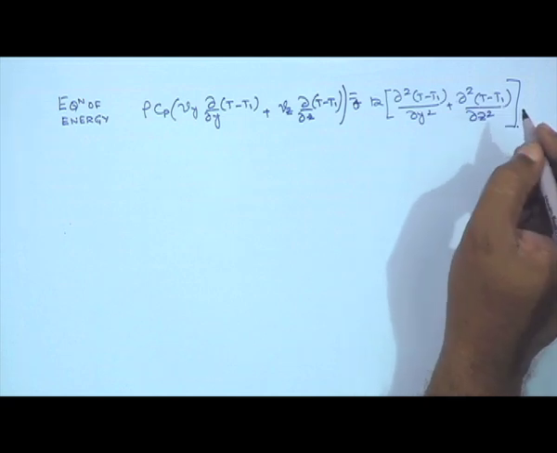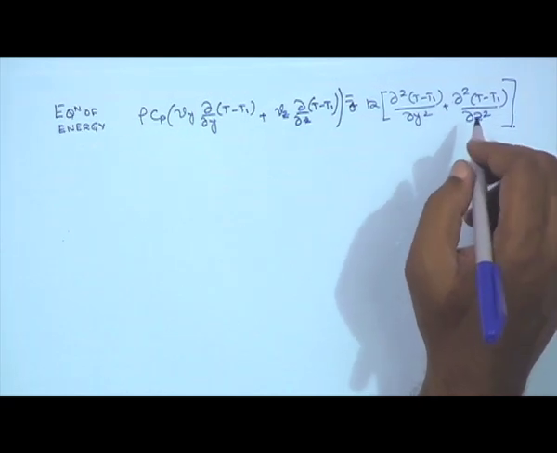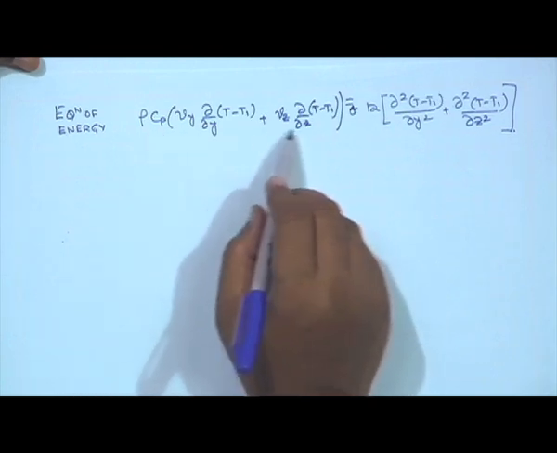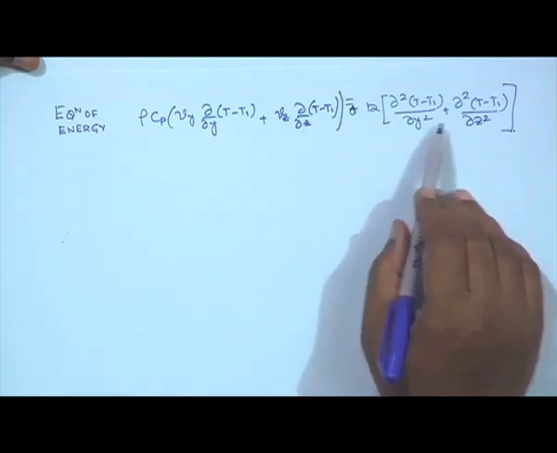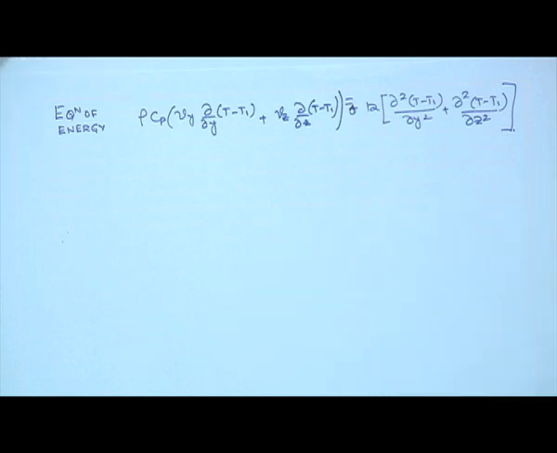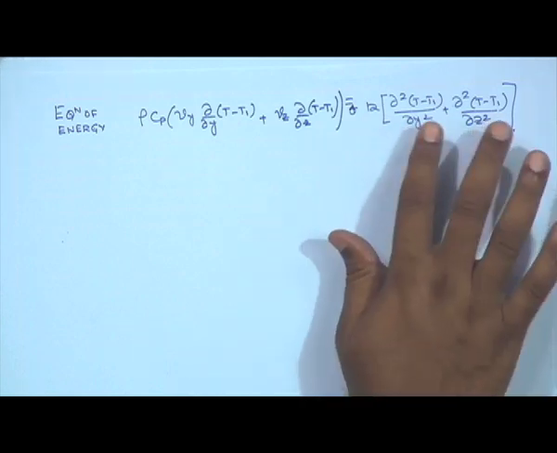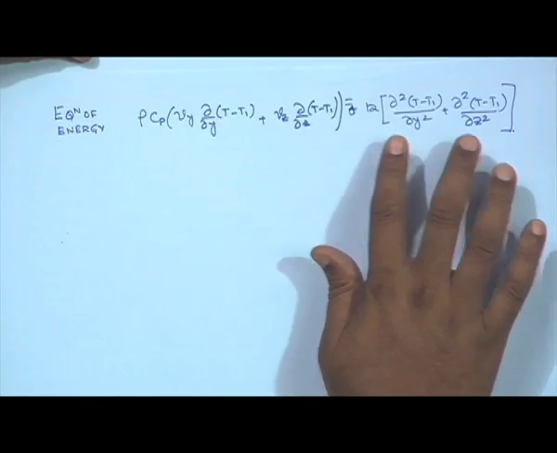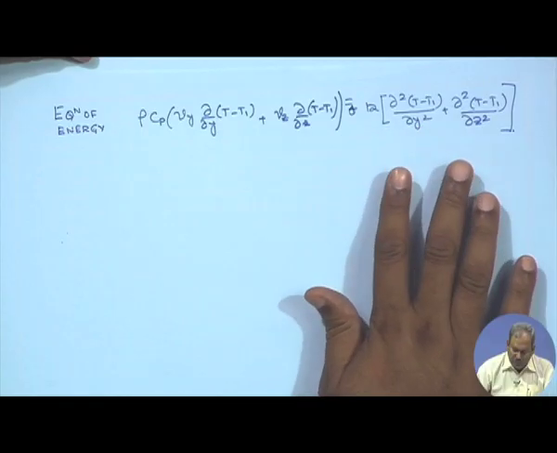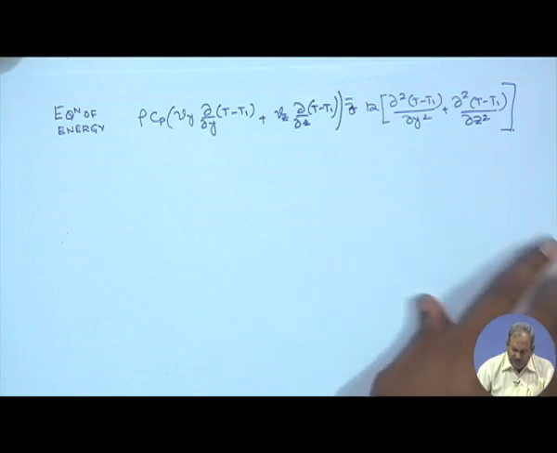So, in all these cases the left hand side refers to convective heat transfer, the right hand side refers to conductive heat transfer, and there is no heat generation term as well as no viscous dissipation, since the flow is very low velocity flow.